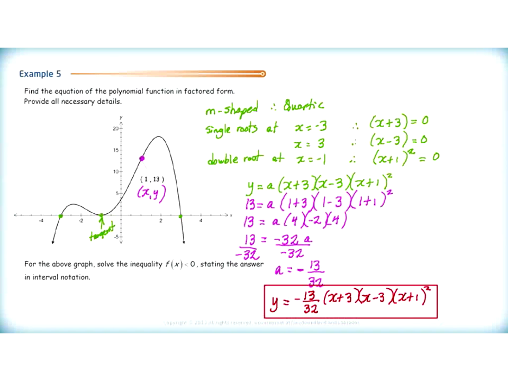The region where f(x) is less than 0 is the region below the x-axis. The region below the x-axis occurs when x is less than negative 3, and again when x is greater than positive 3.